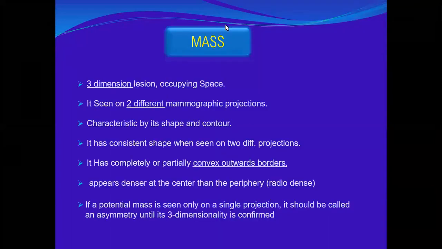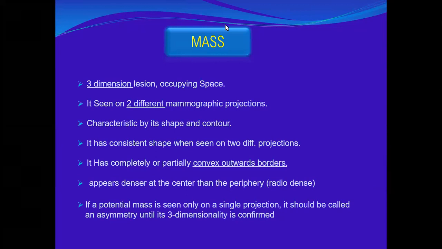Why is it important? Why did I bring again the definition of the mass? Because it is important to differentiate it from asymmetry. One of the learning objectives of this session is to differentiate between mass and asymmetry, which is really important.